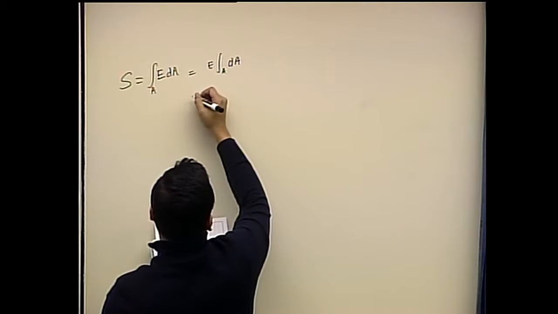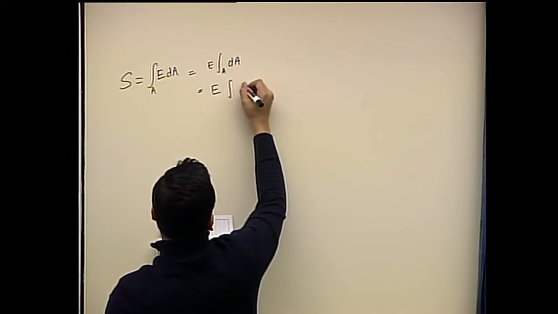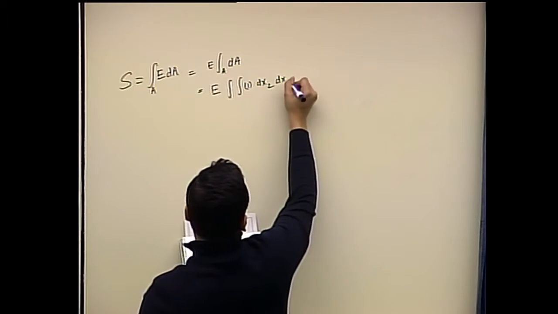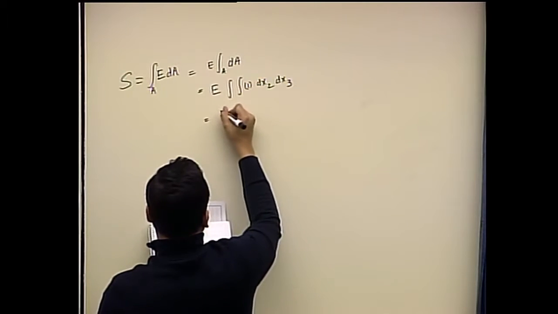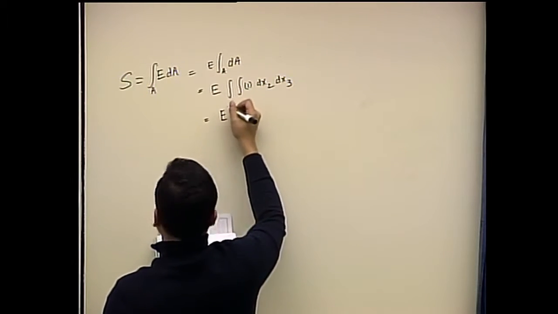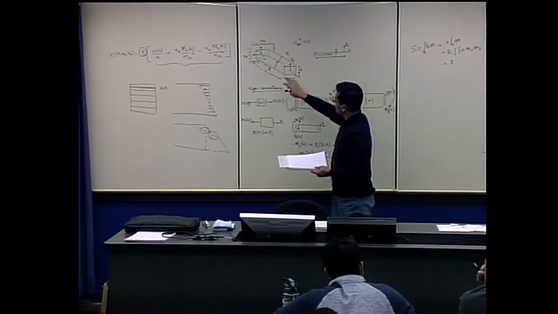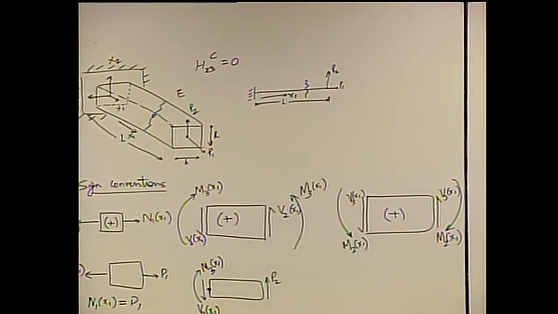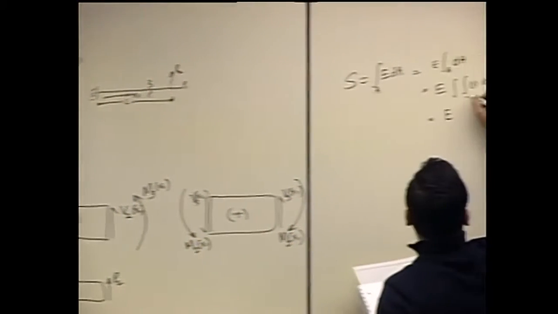So it becomes E integration of 1 dx2 dx3, and the limits here will be minus b by 2 to b by 2 for x3, and minus h by 2 to h by 2 for x2.